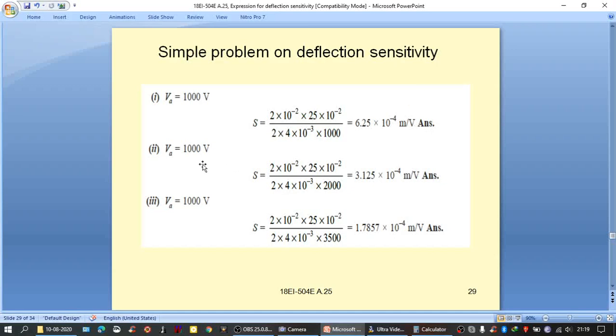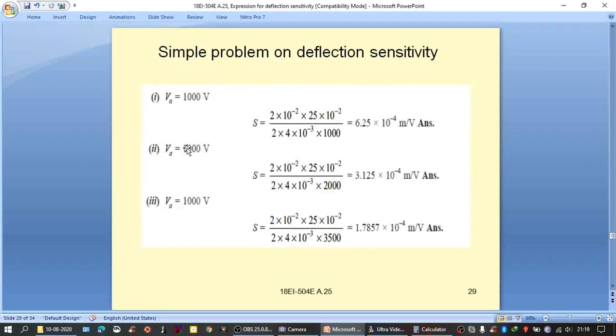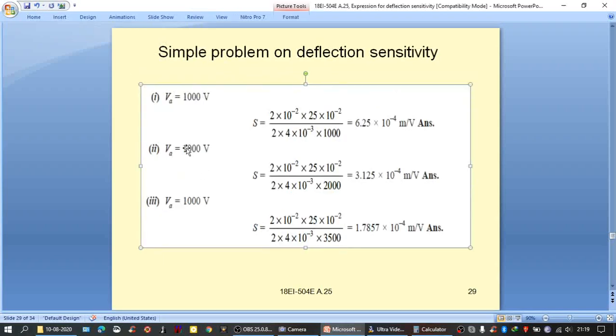In the second case, when the voltage is 2000, here it is not 1000, it is 2000. Same thing except for a change of 2000 here. Denominator increased by 2, so total value decreases by 2. 6.25 by 2 is 3.125.